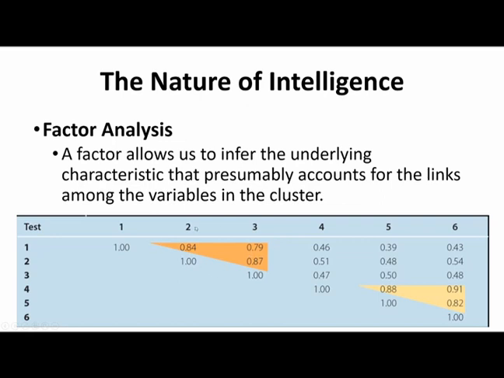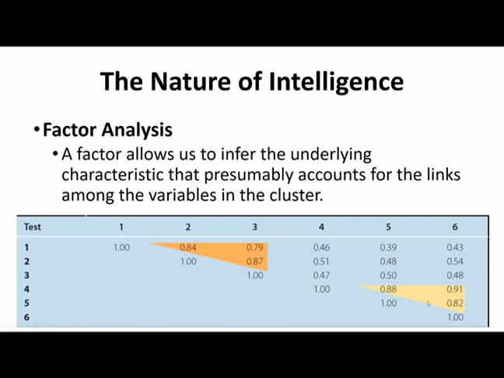And even though these are all highly correlated, we can see sort of lower values over here. So test 1 doesn't correlate strongly with tests 4, 5, or 6. So these are still positive correlations. This is an R of 0.6, but it's not a very strong correlation.